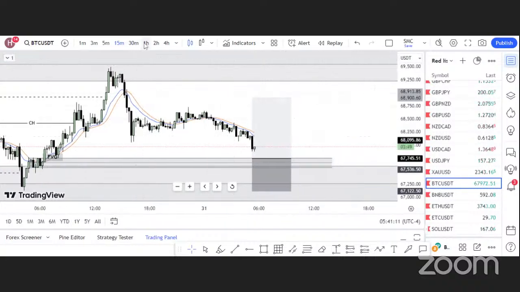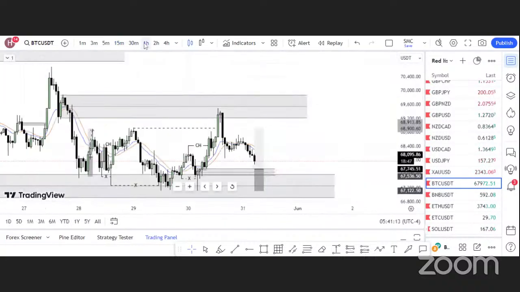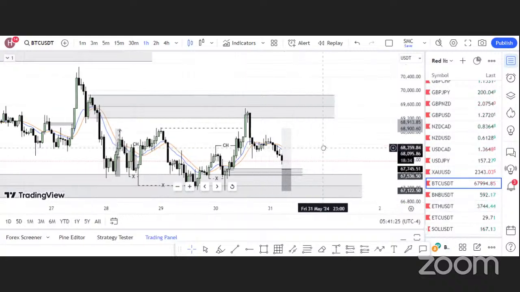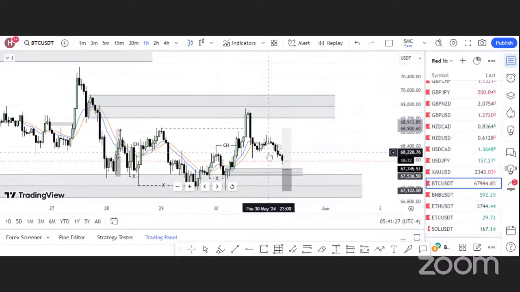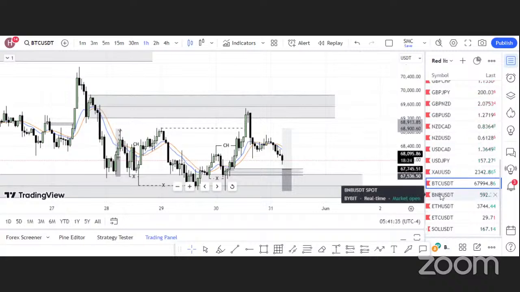So let's go back to the higher time frame. We are back to the 1 hour time frame, and we are waiting for the market to get to this point. Now let's continue with our analysis. That's the analysis for BTC USDT.